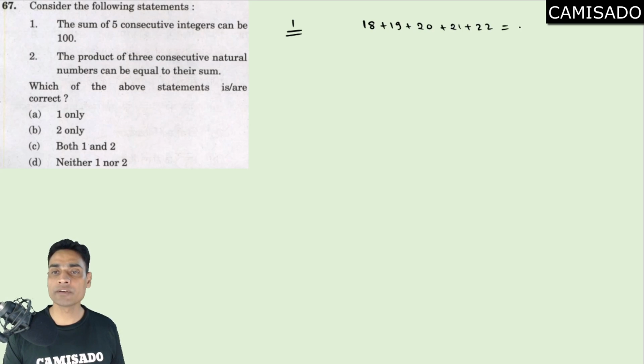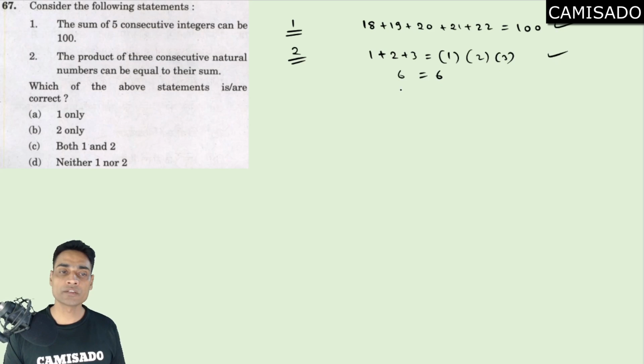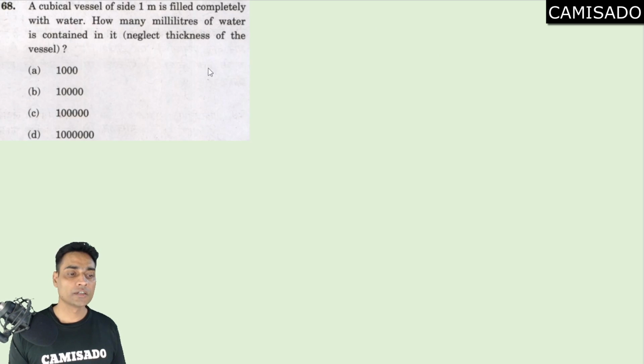When you add up these 5 consecutive numbers, you will get 100. Second is, 1 plus 2 plus 3 is equal to 1 into 2 into 3. 6 is equal to 6. So yes, both these 1 and 2 are correct. Correct option will be C, both 1 and 2.